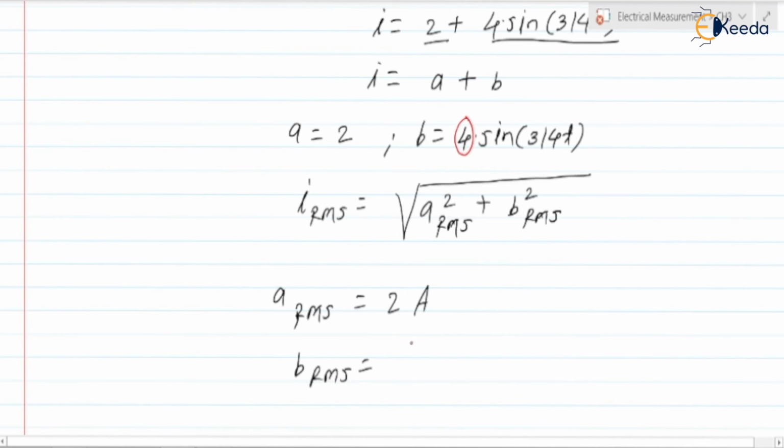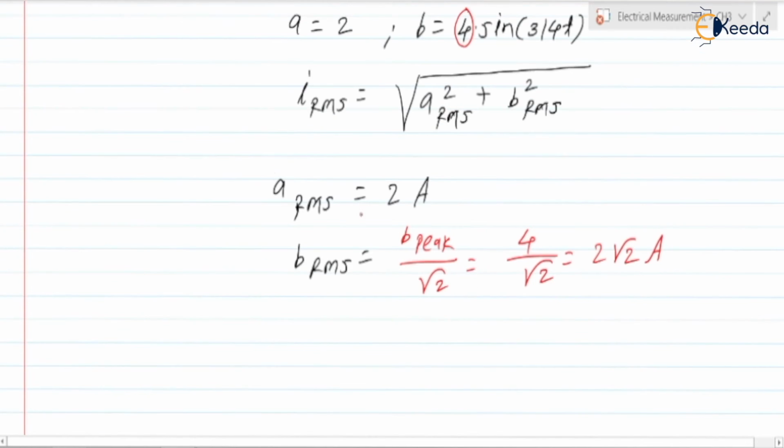So B RMS is equal to B peak divided by root 2. What is B peak? 4. Peak value divided by root 2, so 4 by root 2 means 2 root 2 ampere. Now from this can we find I RMS? Therefore I RMS is equal to under root 2 square plus B RMS square, that is 2 root 2 square.